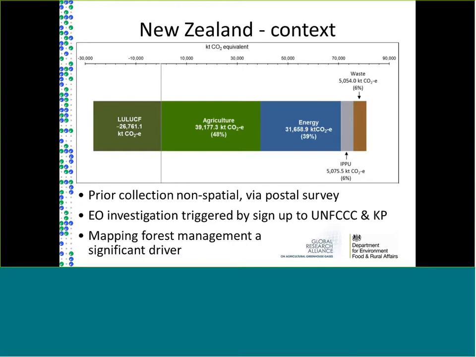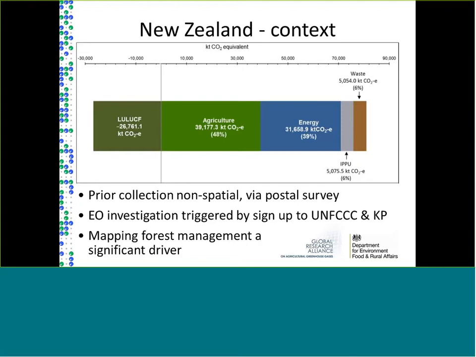And as you can see from the negative bar, dark green one on the left, the potential for greenhouse gas removals from the growth of forest planted after the 1990 baseline is an important driver for New Zealand. It has such a strong effect on their overall budget under the Kyoto Protocol. And so the forest management is a very significant driver in the overall approach to change detection.